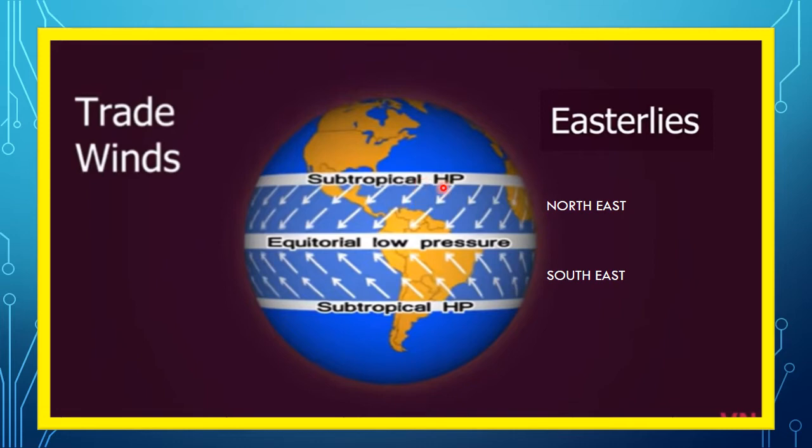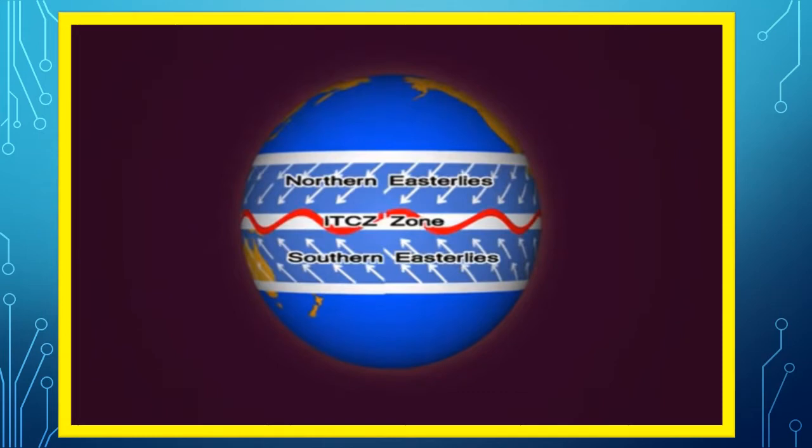And in the south again they will blow from subtropical high pressure belts towards equatorial low pressure belts from southeast. So they are called southeast trade winds. So children, when these northeast trade winds and southeast trade winds come towards the equatorial low, they come together and converge, and that creates a zone called the intertropical convergence zone.